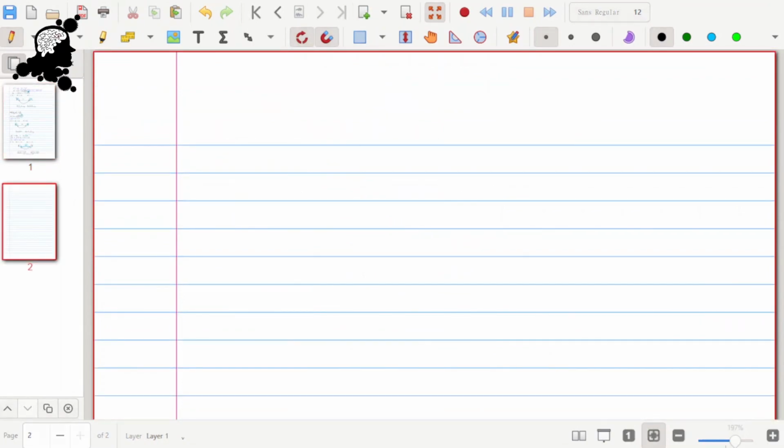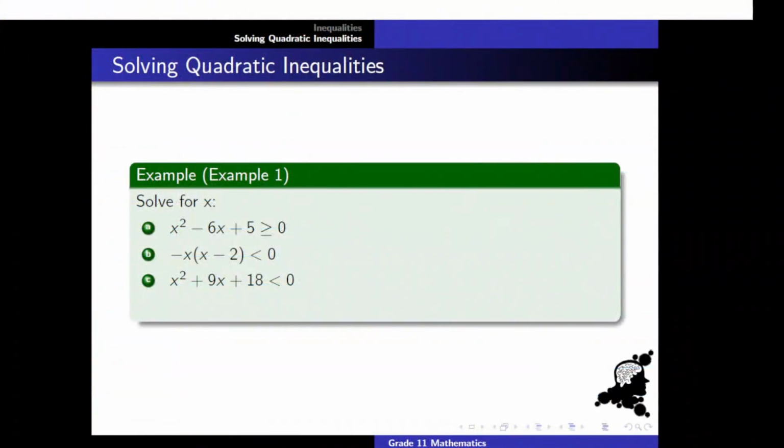Now let's look at the last question. In our last question, we've got an interesting one. x plus 4 into x minus 3 is less than or equal to 0. Let's copy it down. Now when you look at this inequality, it's already factorized for us.